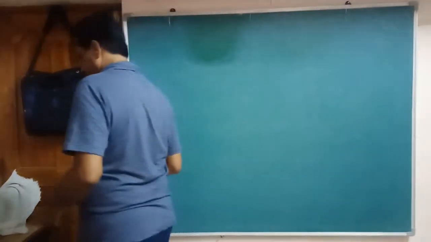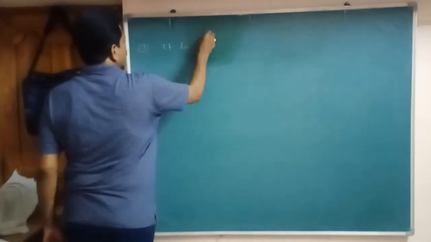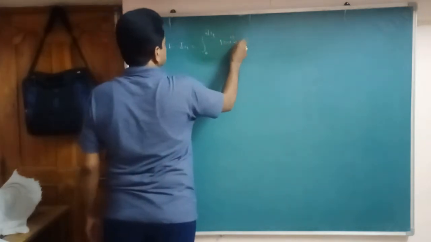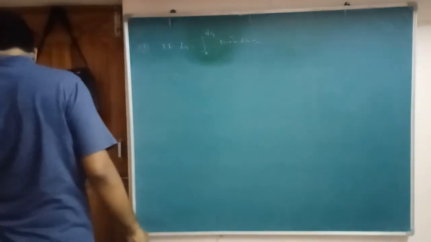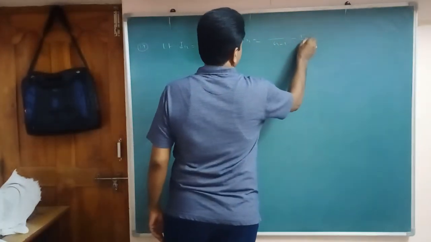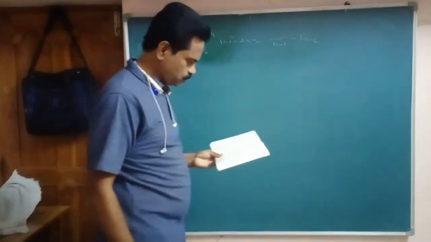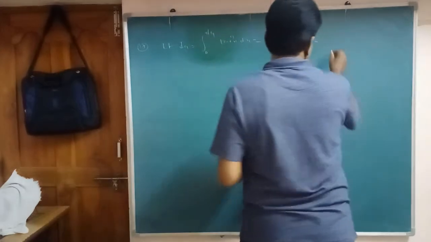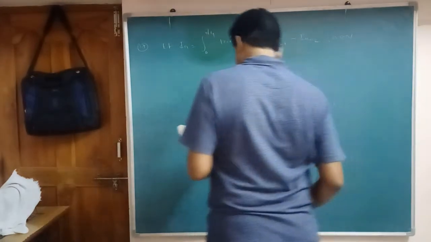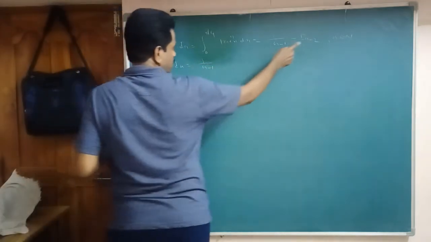Next, the 72nd one, from 0 to pi by 4. If I n equals integral 0 to pi by 4 of tan power n x dx, it equals 1 by n minus 1 minus I n minus 2, where n belongs to the natural numbers. So here I n equals 1 by n minus 1 minus I n minus 2.